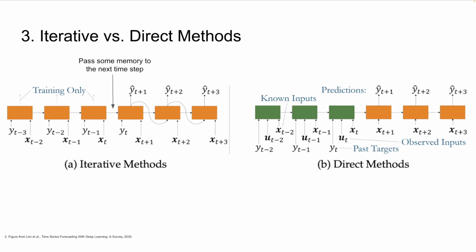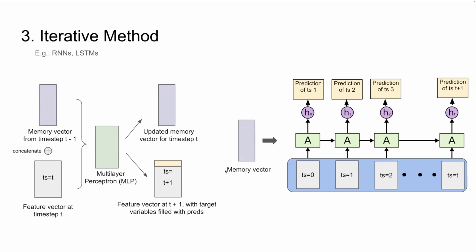So for example, during training, maybe you only train it to predict a few time steps ahead. But during inference, we can apply it maybe 30 times. So we predict 30 steps ahead instead of just a few time steps.